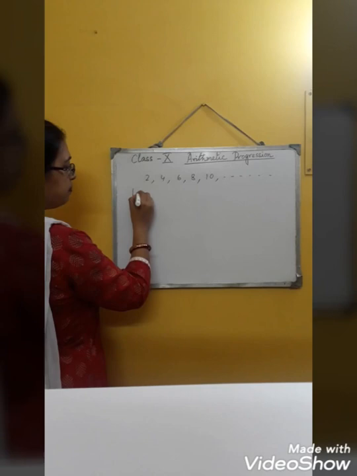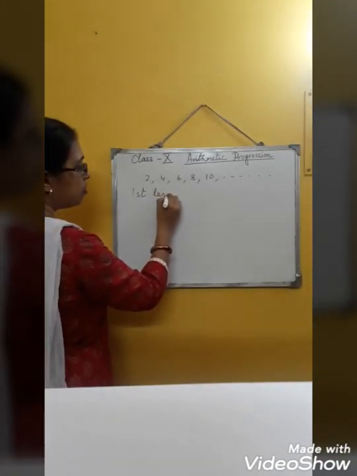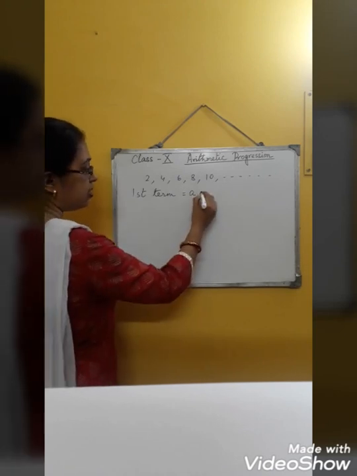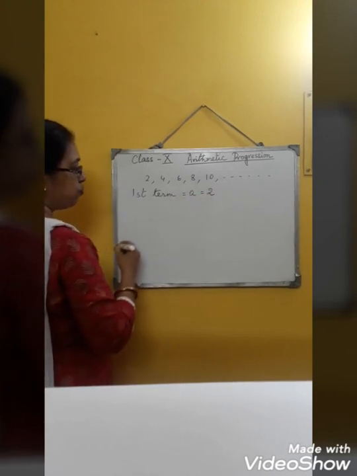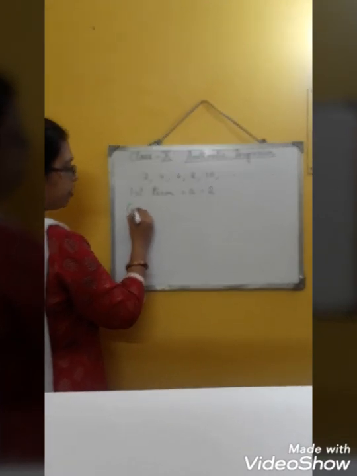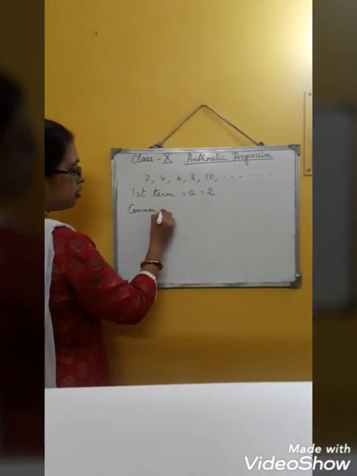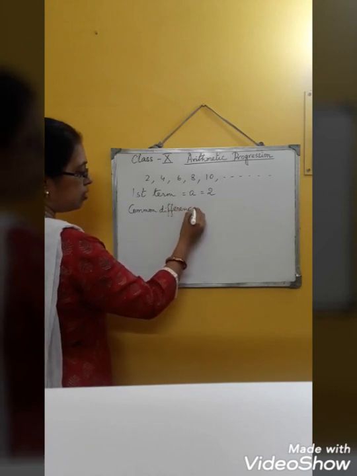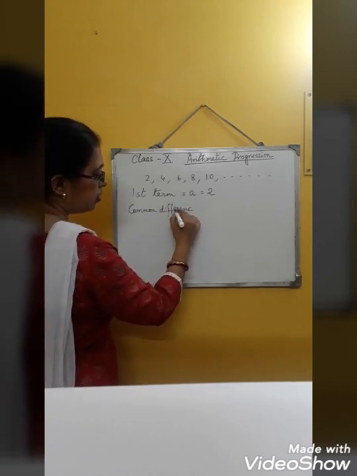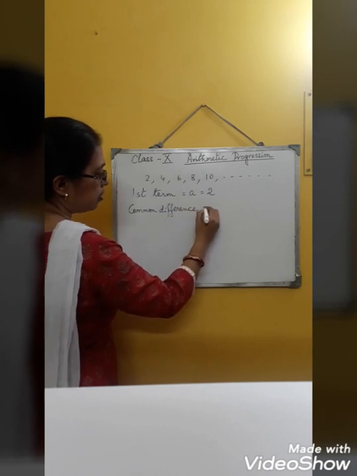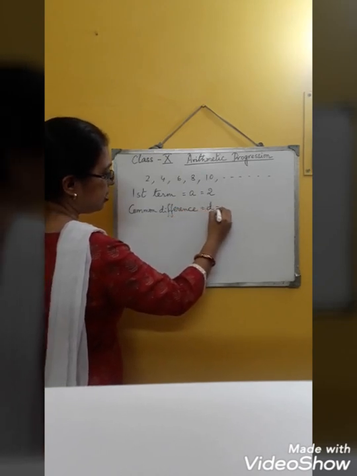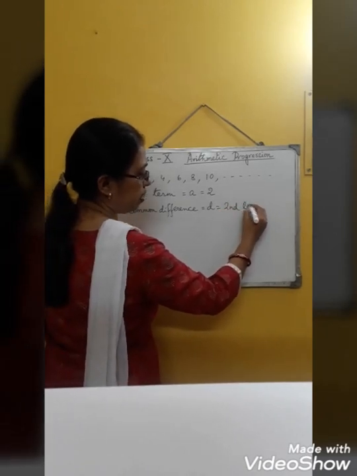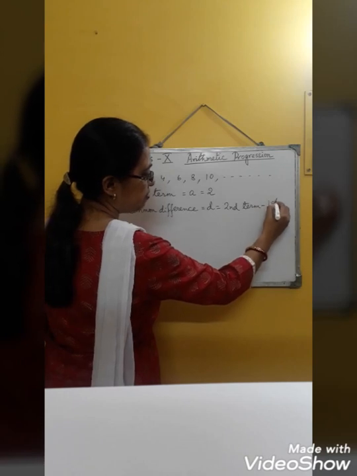Here the first term of this series is denoted as A. It is given as 2. And the common difference is given as D. It is the second term minus the first term.